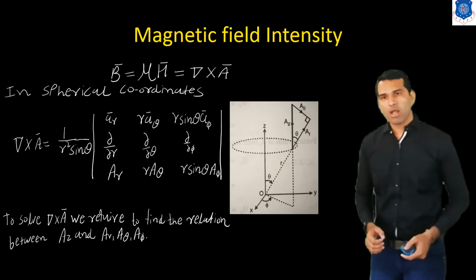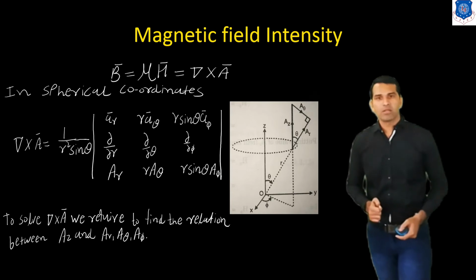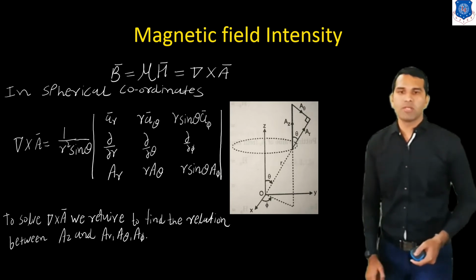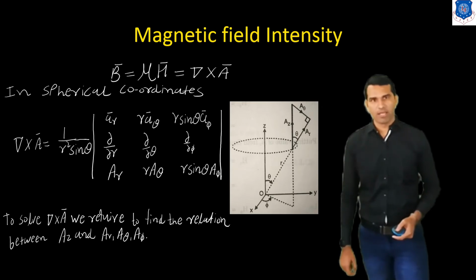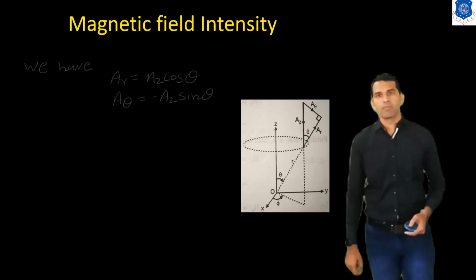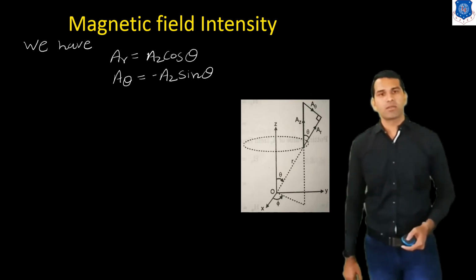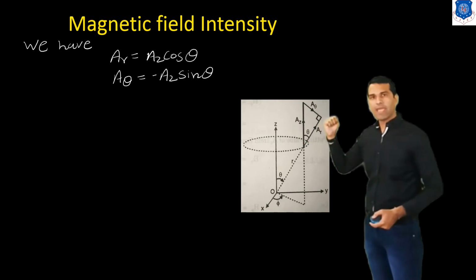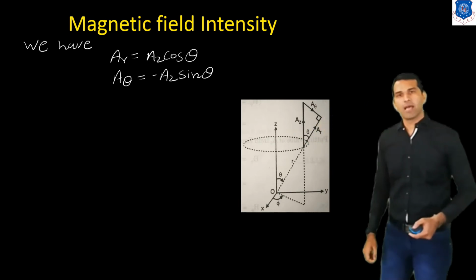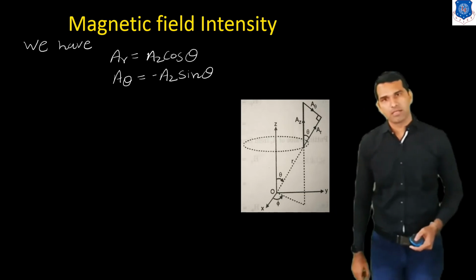Now to solve del cross A, we require the relation between az and ar, a theta and a phi. From this figure we can write ar is equal to az cos theta, and a theta is equal to minus az sin theta.